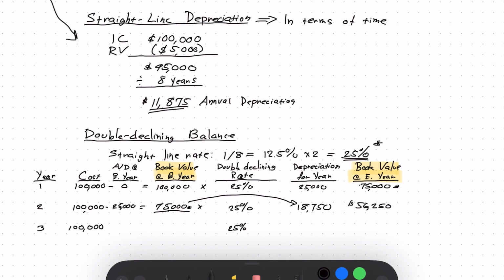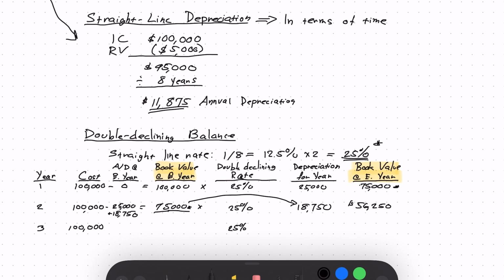Now that $18,750 is going to get added to the amount in our accumulated depreciation. So we're going to take that $25,000 that we had previously and add into it that $18,750, and that's going to give us total accumulated depreciation for year three of $43,750.